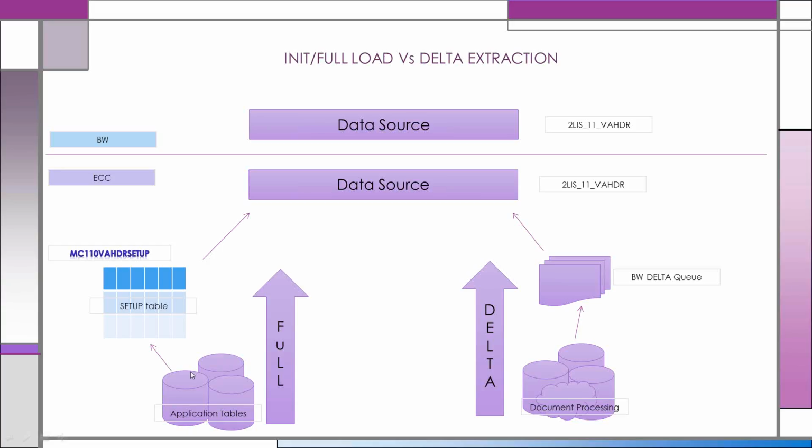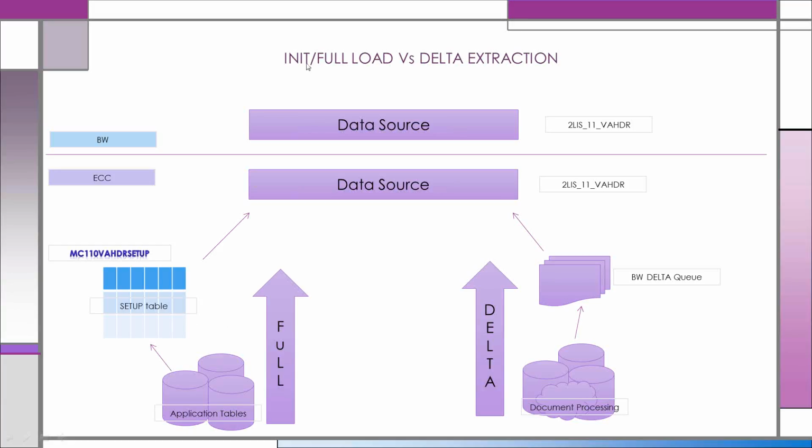In the very beginning, for example, the initial load of sales and distribution into business warehouse, the process involves loading from the application table. It's a full load. First time we are loading, it's a full load. All the historical data up to date will be loaded from the ECC into BW.